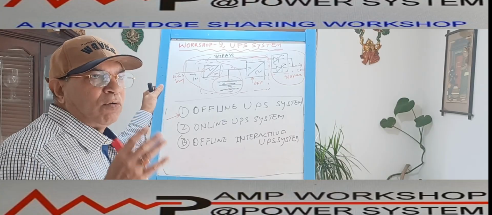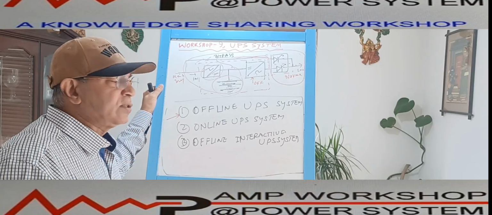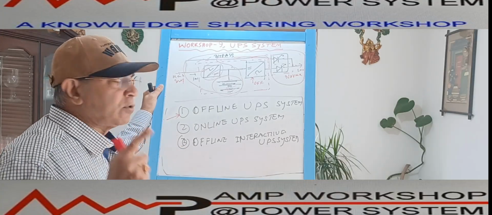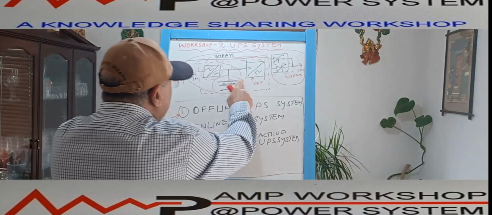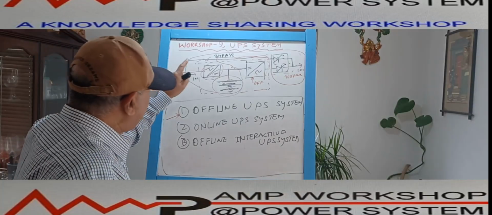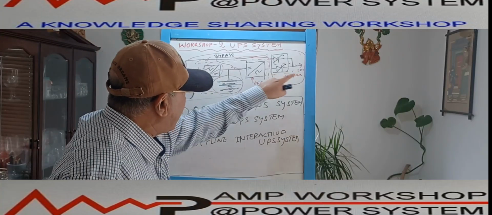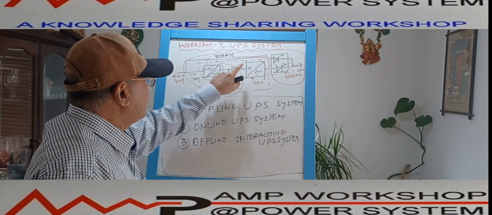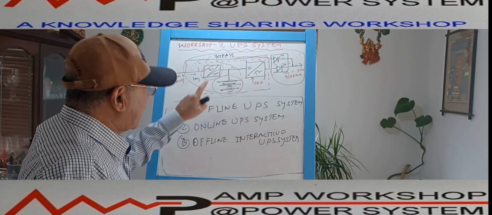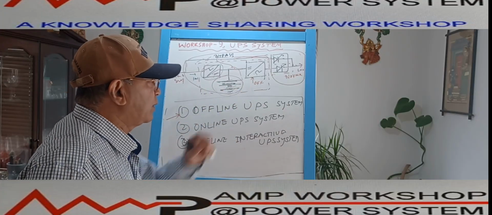When you discuss failure mode analysis, we always consider one failure. That means either the UPS failure or the bypass failure. So in the normal condition, the loads are running from the bypass and the UPS is offline. UPS means the inverter part is offline. That's why we call it an offline UPS system.